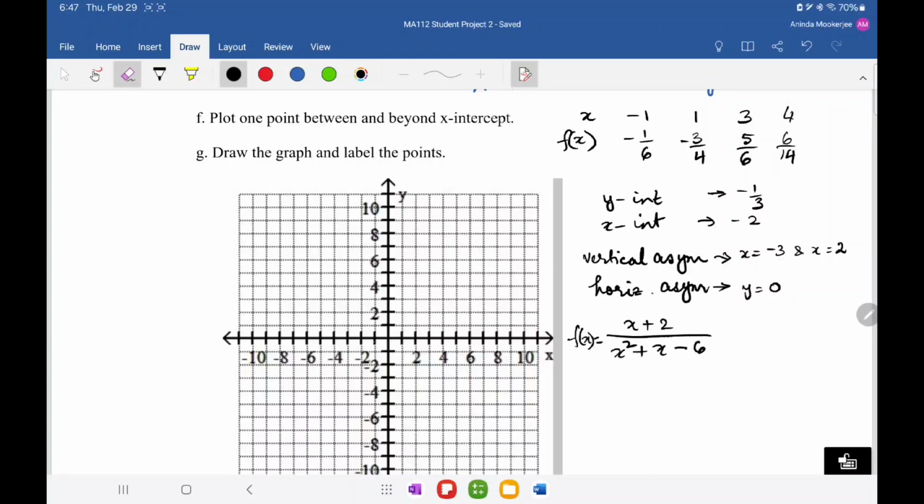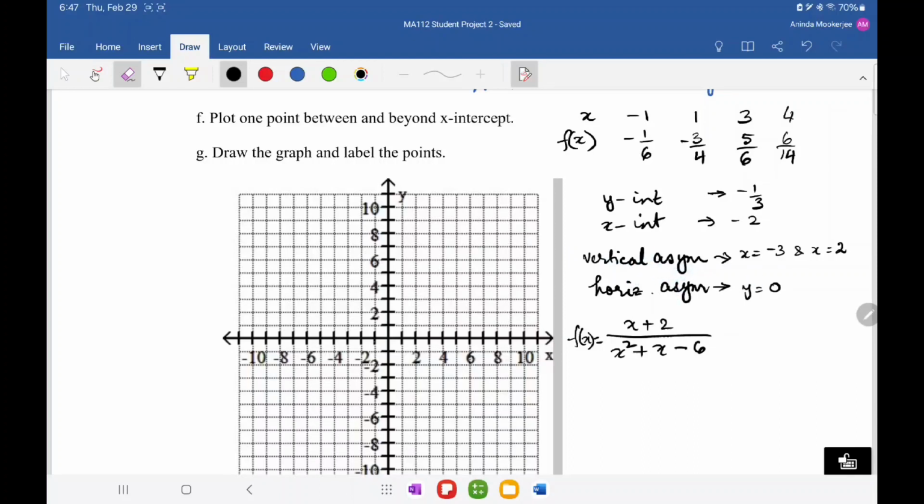So to plot the points, pick any value of x between and beyond the x-intercept as well as the vertical asymptote. I chose a few values here: when x is -1, +1, 3, and 4. And you can choose another one beyond the vertical asymptote, to the left of the vertical asymptote.